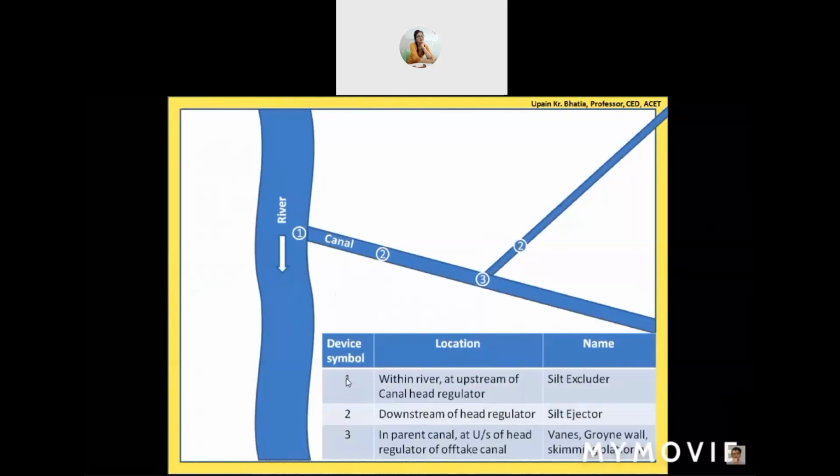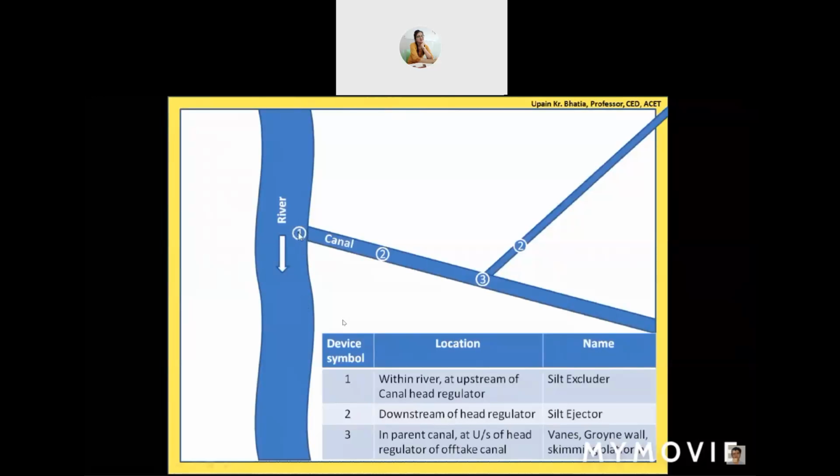So device symbol 1, it is within this river at the upstream of the canal head regulator. Here the canal head regulator, it is on the upstream side.